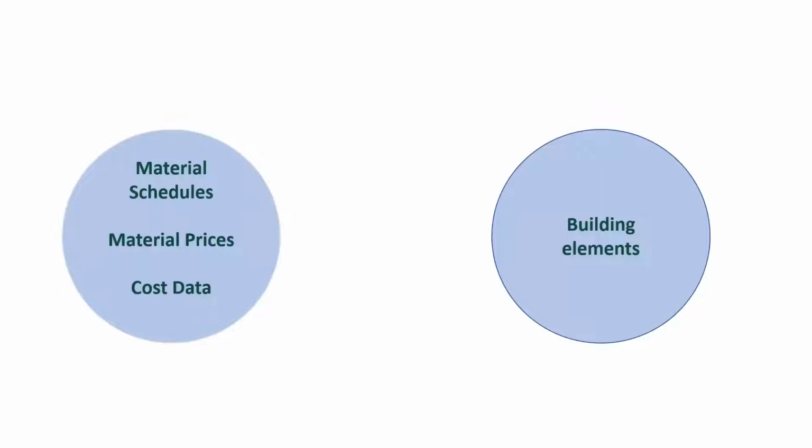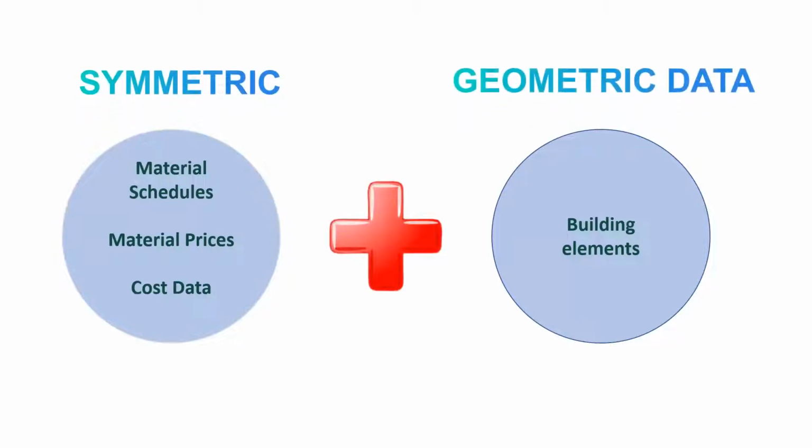As I explained earlier, building information modeling is a combination of semantic and geometric data. Under semantic data, you can have material schedules, material prices, cost data, and under geometric data, you can have building elements, 3D models. Building information modeling is a very simple concept. This is not a very complex concept.